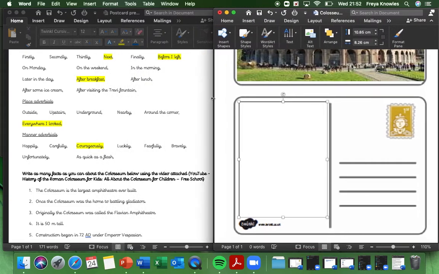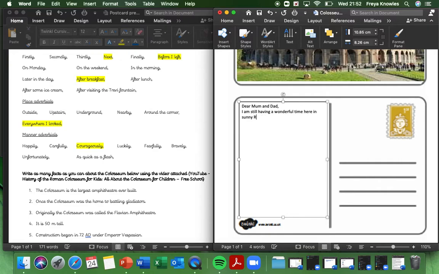Okay, so as always, you need to start your postcard by saying who you want it to go to. So maybe dear mum and dad. It's totally up to you who you want to write it to. I'm going to write it as if this is my second postcard of my holiday after my postcard from the Pantheon. So I am still having a wonderful time here in sunny Rome.